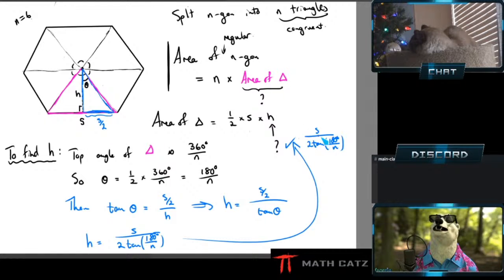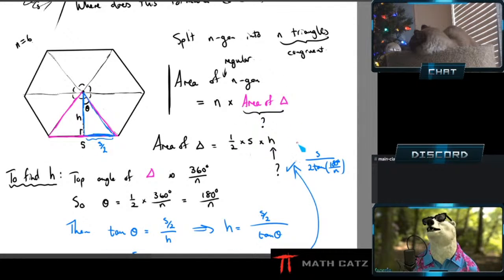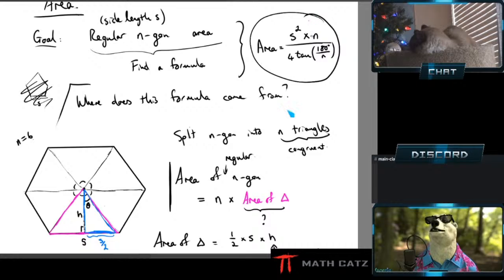I multiply by another S, and there's an S there already, so I have an S squared. And then when I put that answer in here to get the area of the polygon, I multiply by n because there are n of these triangles. So I have an n at the top. And we'll get our formula.